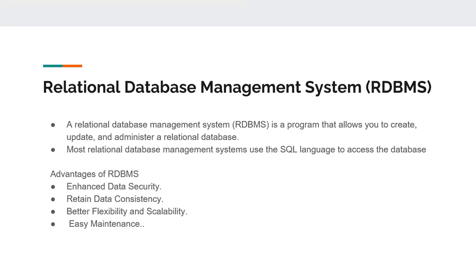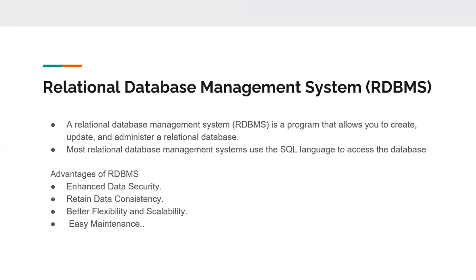You can develop a database model or relational database model. You can scale by adding more resources to the RDBMS: increase the memory of the server, increase the CPU, increase the storage capacity. And it's easier to maintain.